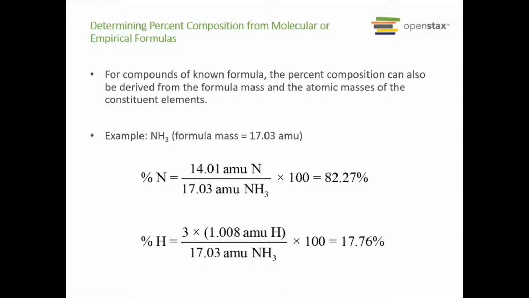The percent nitrogen is going to be equal to the molecular mass of nitrogen divided by the molecular mass of NH3. Same for hydrogen. Though there's 3 hydrogens, so it's 3 times 1.008 divided by the total mass. So you can do this even if you don't have the actual masses, you can use their molecular formulas.